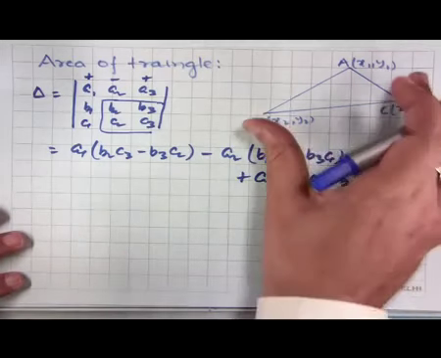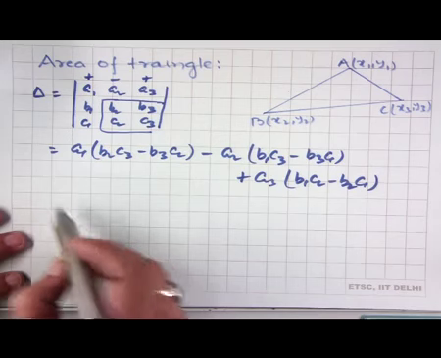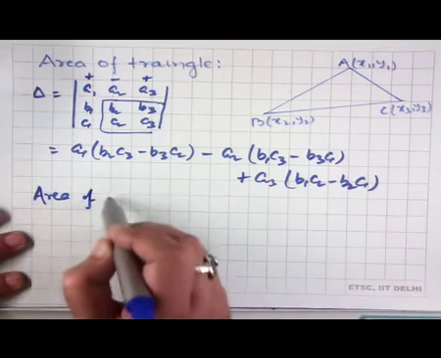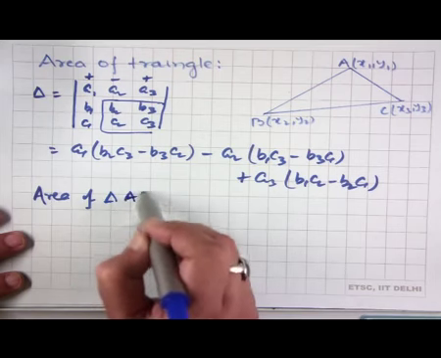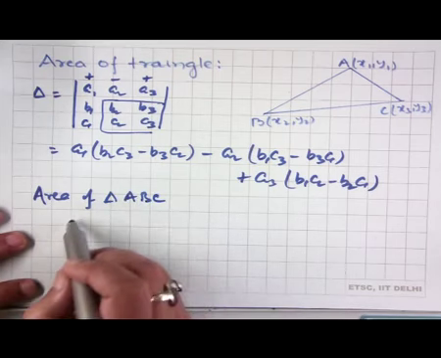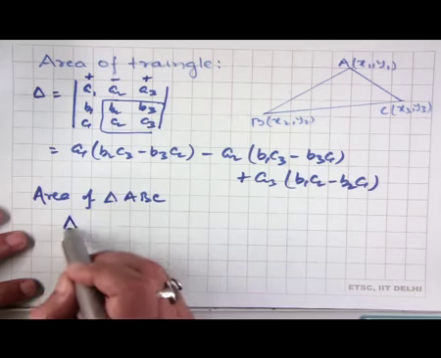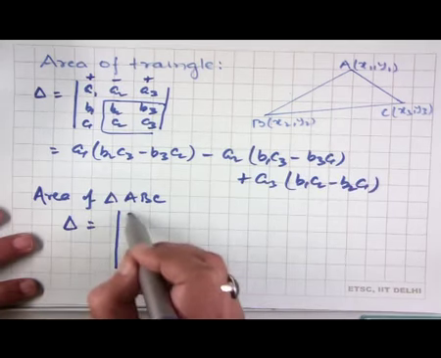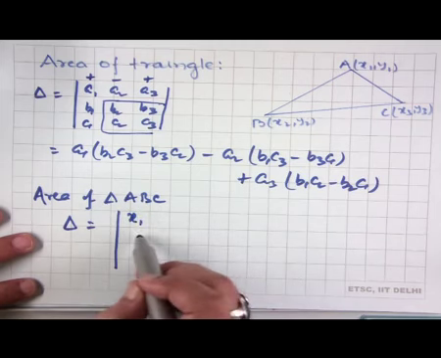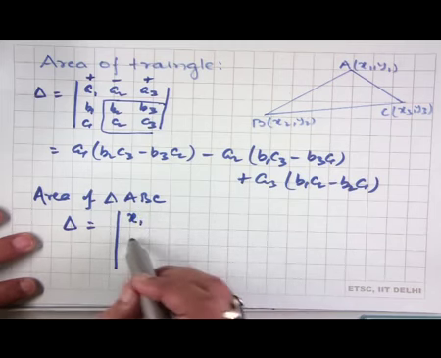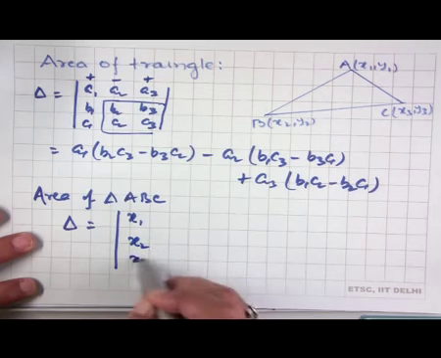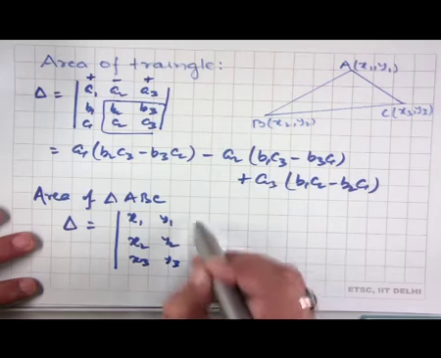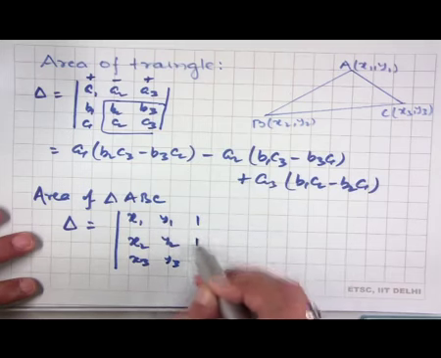So area of triangle ABC is equal to the determinant of x1, x2, x3, y1, y2, y3 and 1, 1, 1.